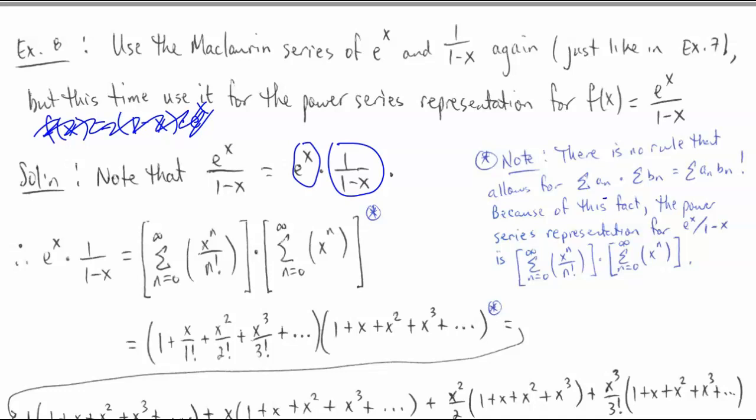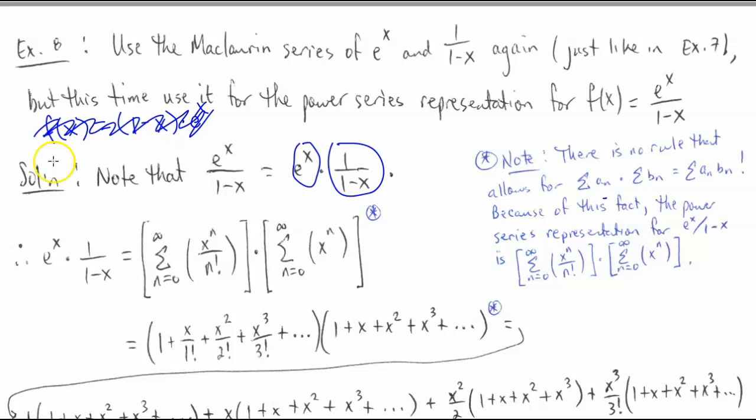And of course, that helps out a lot because we're not expected to list an infinite amount of terms, and we're also not expected to figure out what the pattern is so I can represent this in a nice compact power series form.